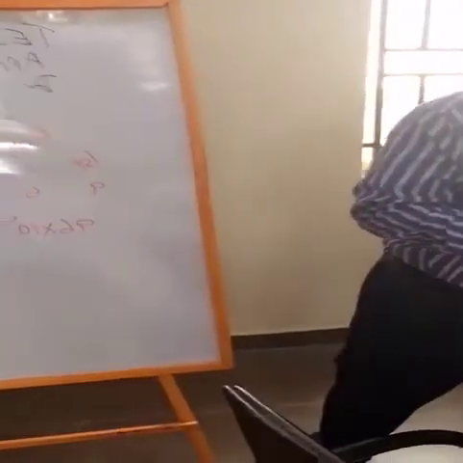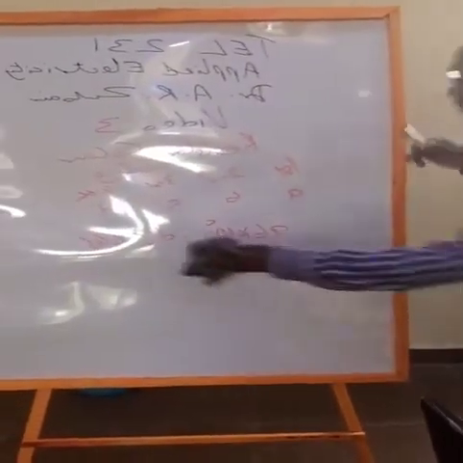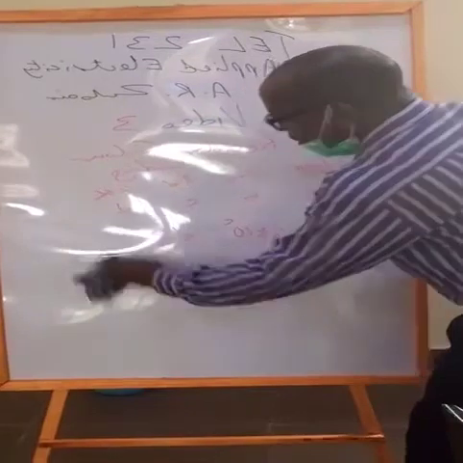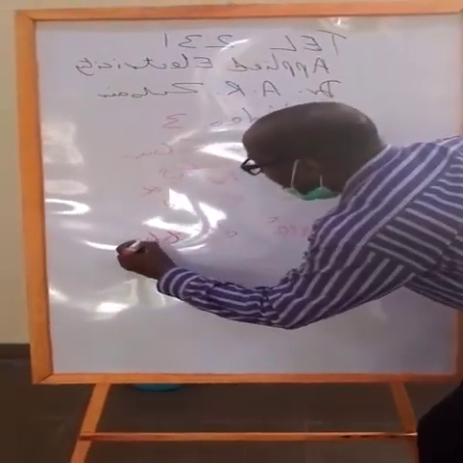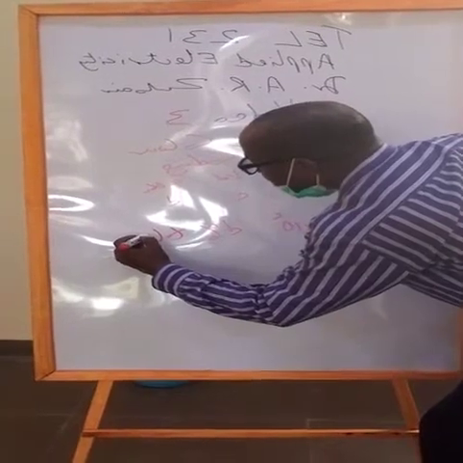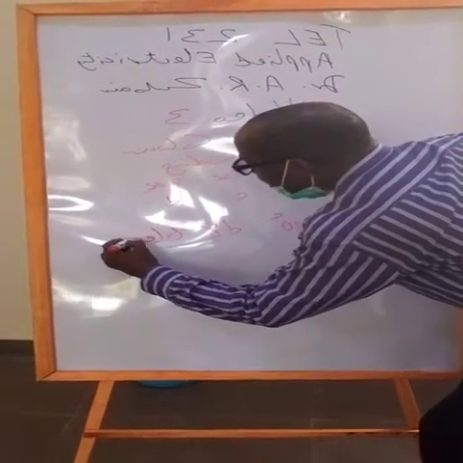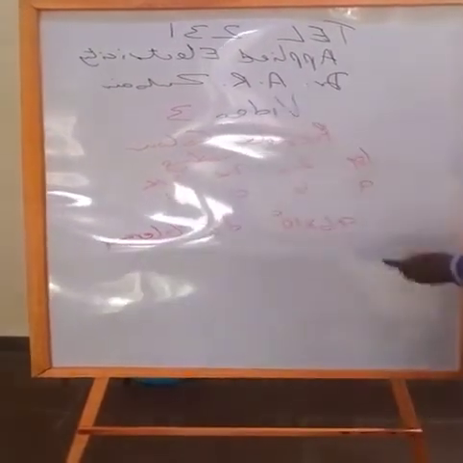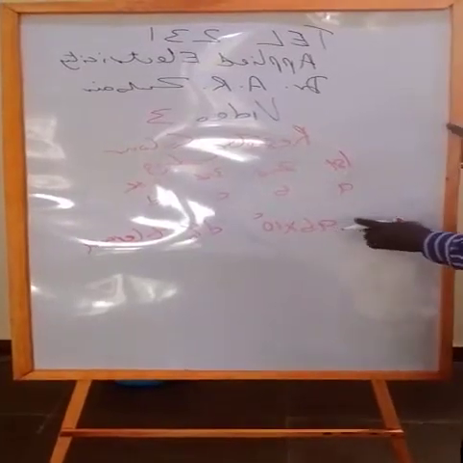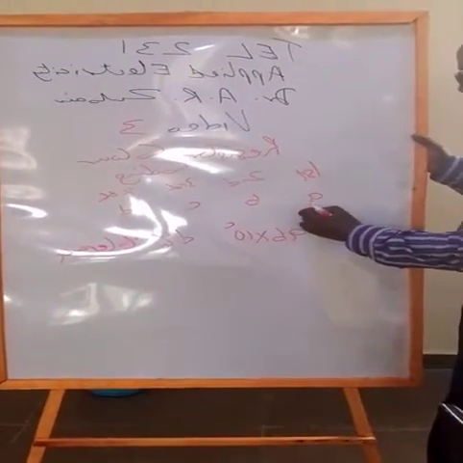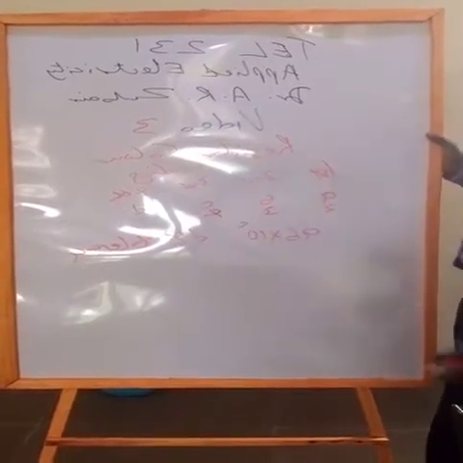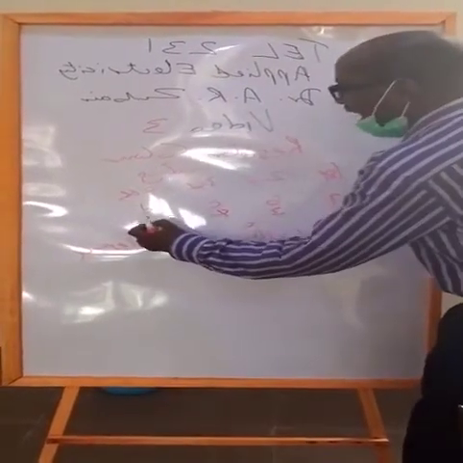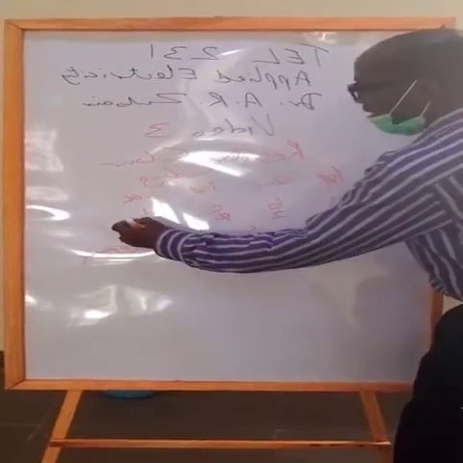Tolerance. So, for example, if this is 2, this is 3, this is 4, and this is 5%.